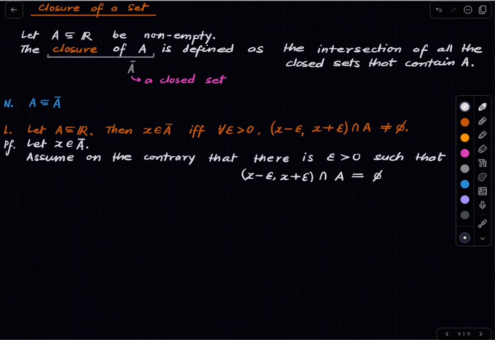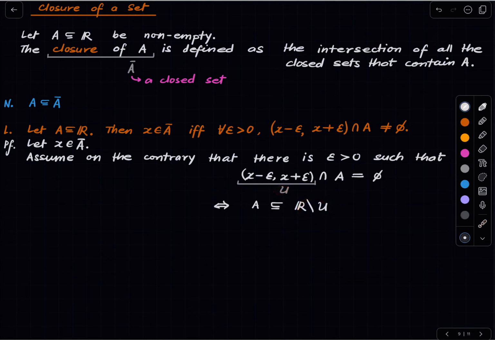Call this thing U. This is in particular an open set. So the above statement, this intersection being trivial, meaning empty, is the same as saying that A is contained in R minus U, the complement of this set. But U is an open set, therefore this is a closed set.